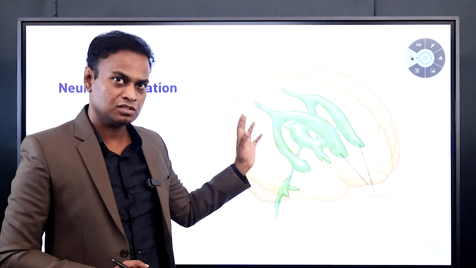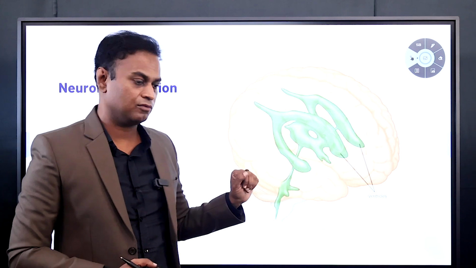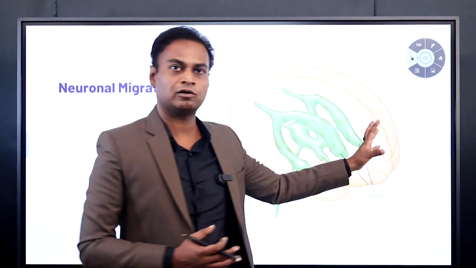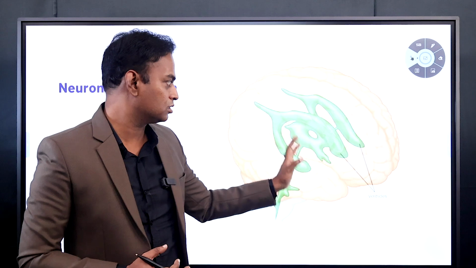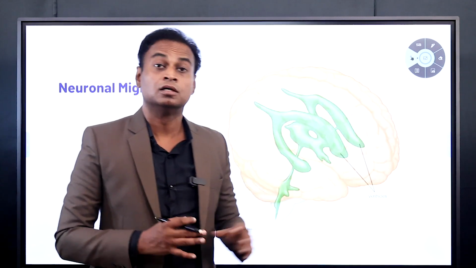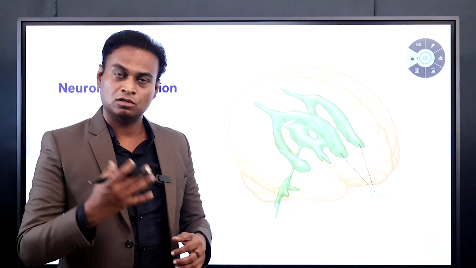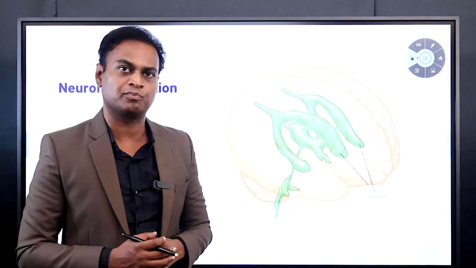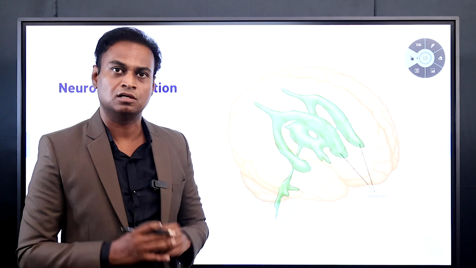Among the causes of autism, this is also one of the causes and one of the pathologies of autism. So if by any chance this neuronal development or neuronal migration has not occurred in your kid, then your kid will land in autism. This is one of the different subsets of pathologies you can see in an autistic kid.